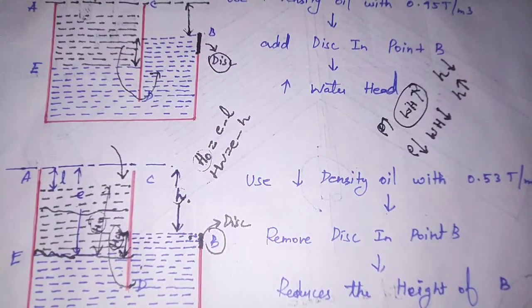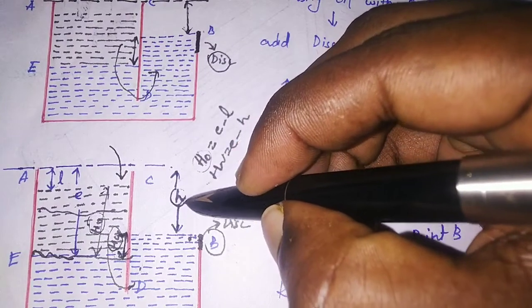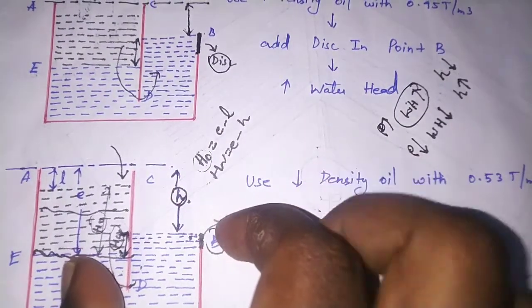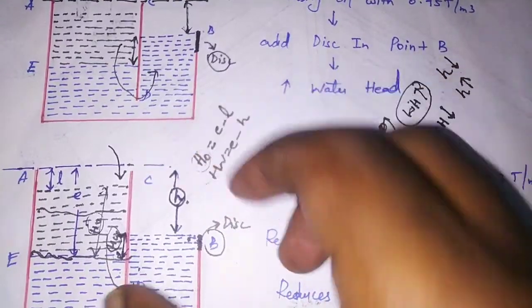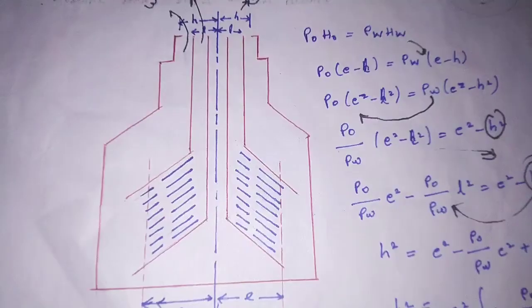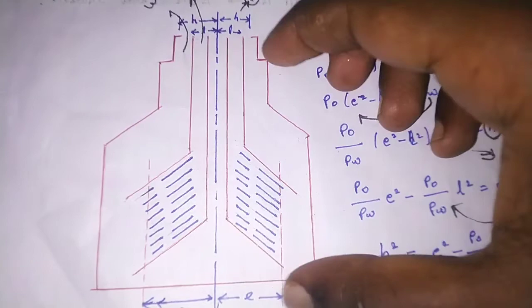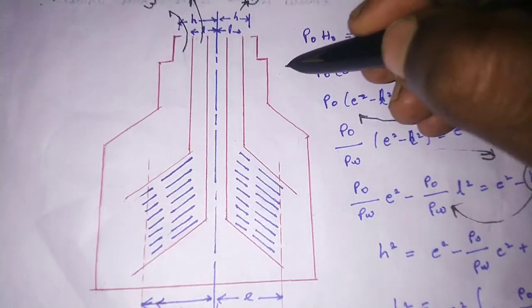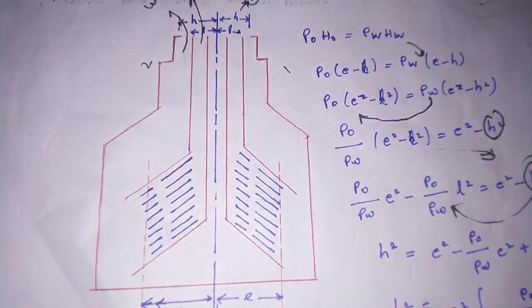So let's find out how to find the H value. Here you can see this settling tank is rotated by 90 degrees, so it is formed like two settling tanks attached to each other.